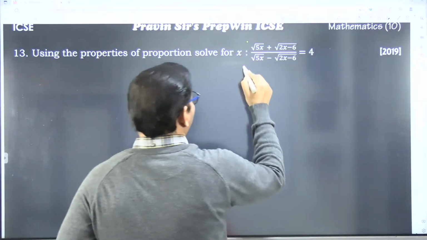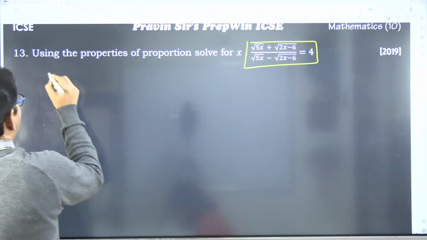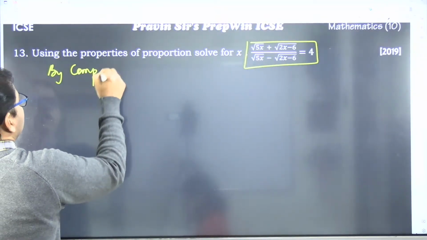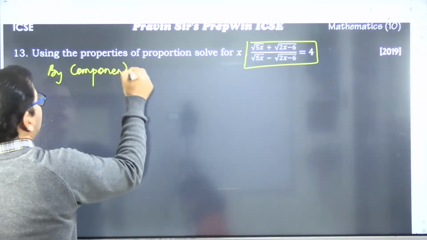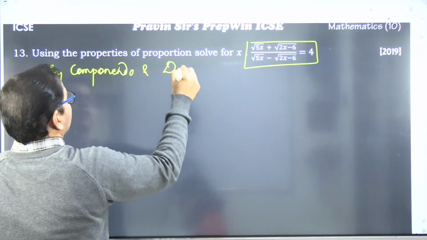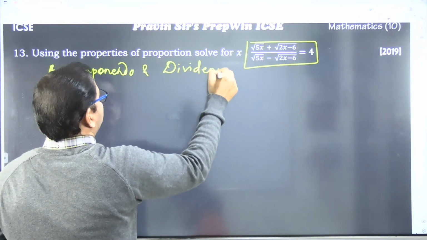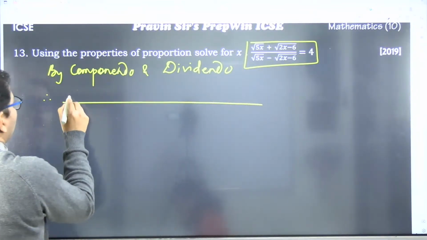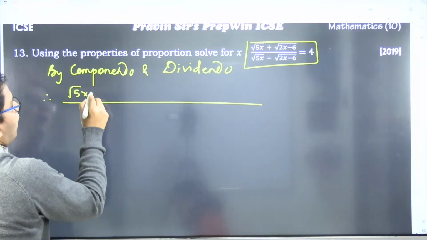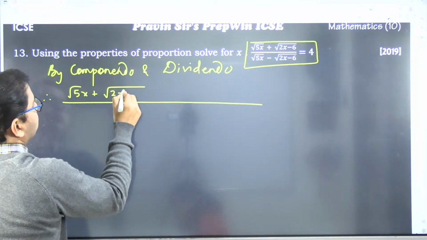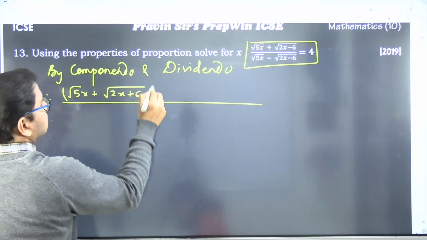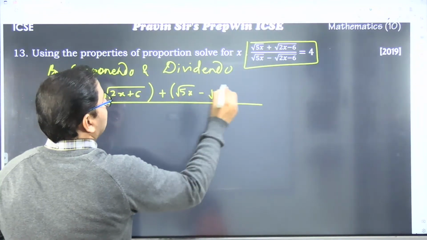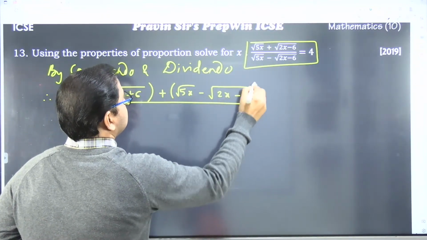Okay, so this is a question. Start with the question, and I am using the property of componendo and dividendo. Componendo and dividendo. Okay, numerator plus denominator: root 5x plus under root 2x plus 6, plus denominator root 5x minus under root 2x minus 6.